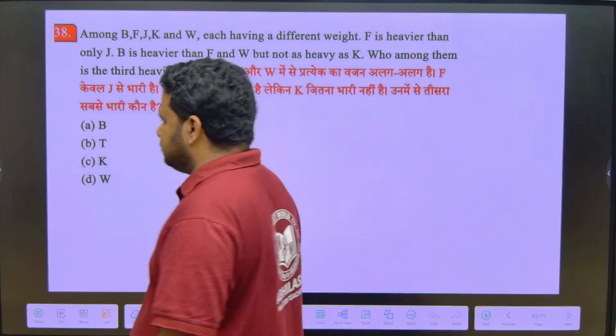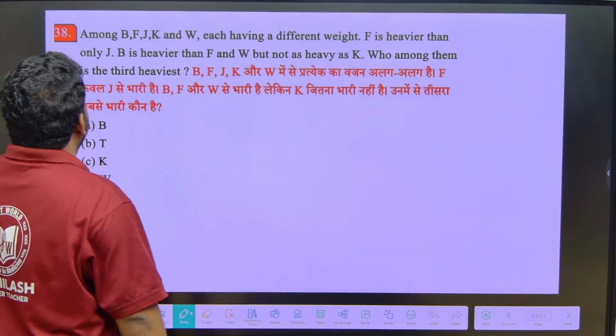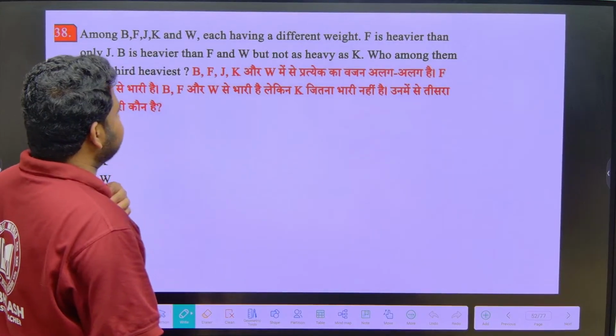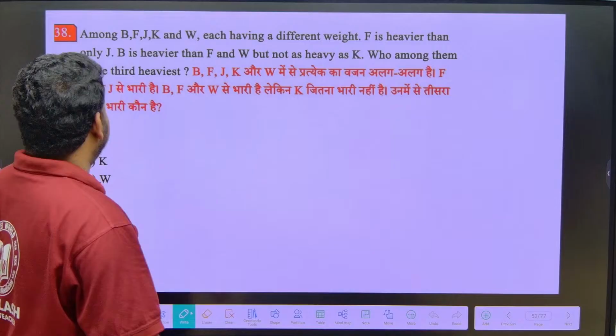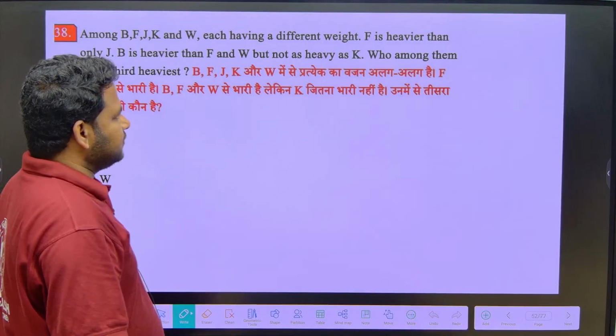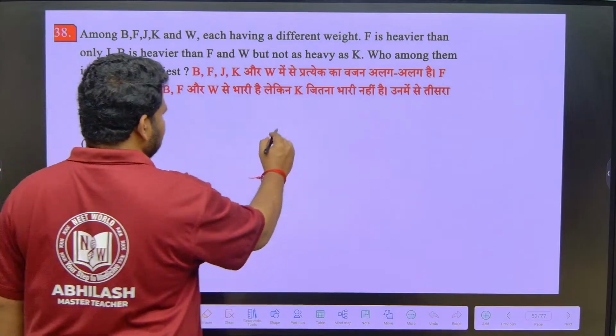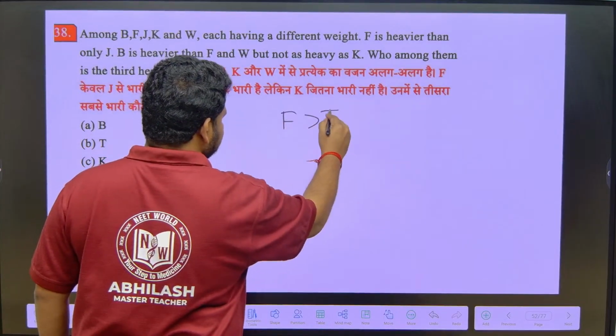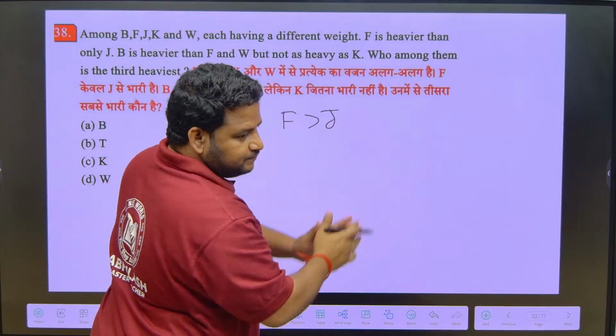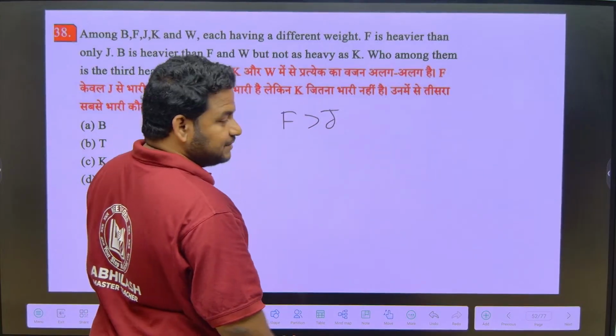Let us solve this question. They have given five persons, B, F, J, K and W, each having different weight. They are talking about weight. F is heavier than only J. That means J should come at the end. F is not heavier than any other person.